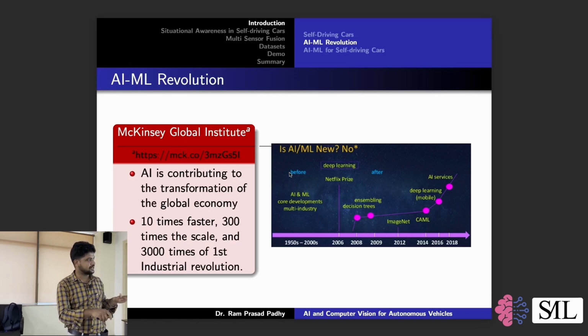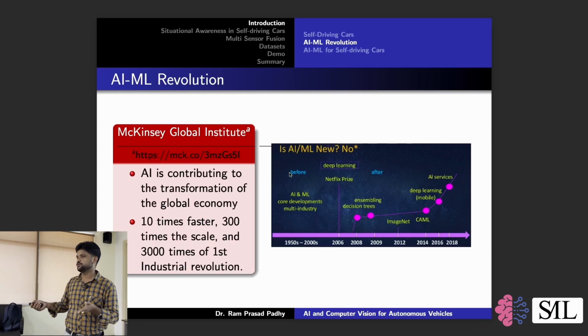Although the research started in the 1950s itself, it started gaining popularity around 2008 with the advent of high computing devices and GPU architectures and everything. After 2008, many researchers started using it, and now it is growing exponentially, right?